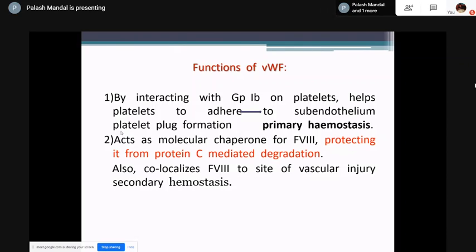And also it protects factor 8 from protein C mediated degradation. So as I was telling you, it is a part of the factor 8 related antigen complex, and it protects factor 8 also.